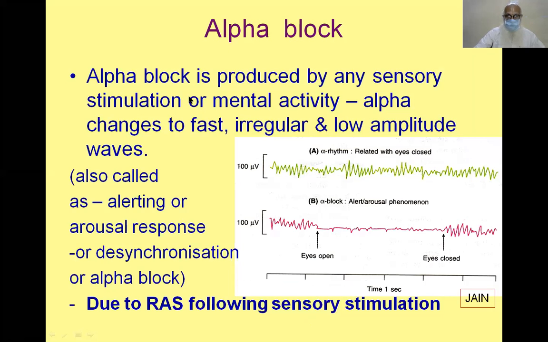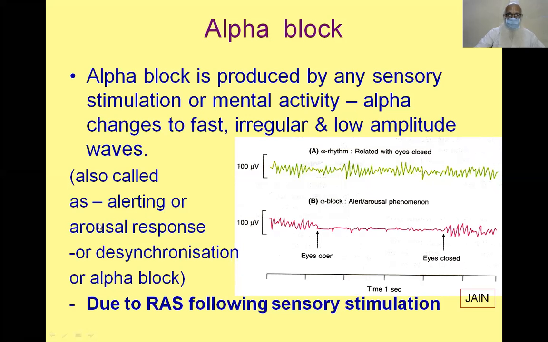And then from the eyes closed position, if you want the subject to open the eyes, then you can see that the EEG is of a smaller amplitude and faster. And this is what you call the alpha block, or alerting response, or arousal response.